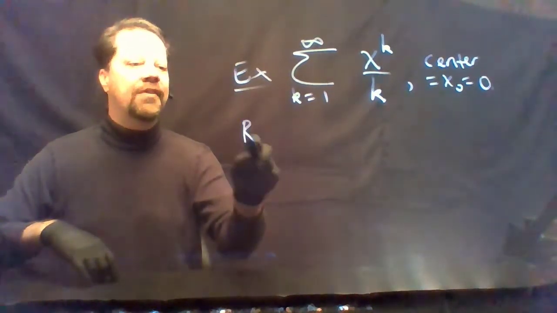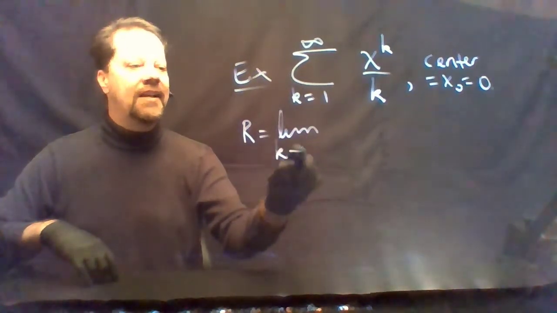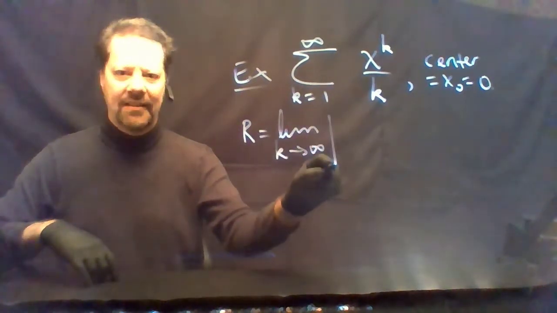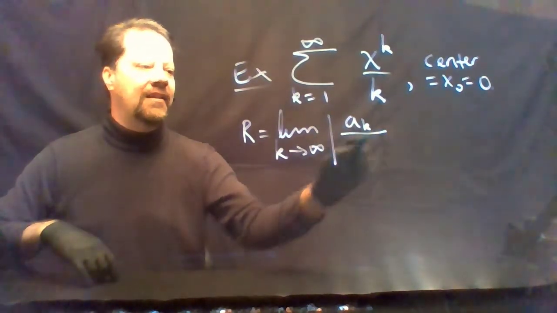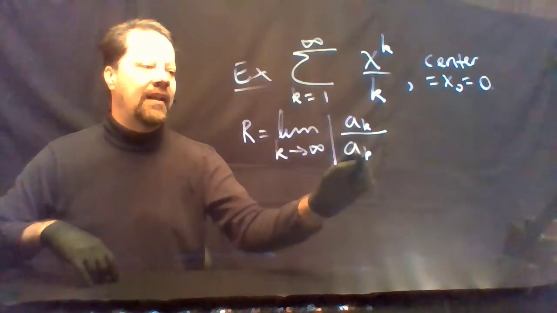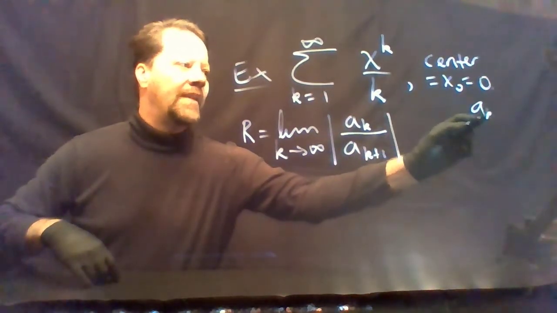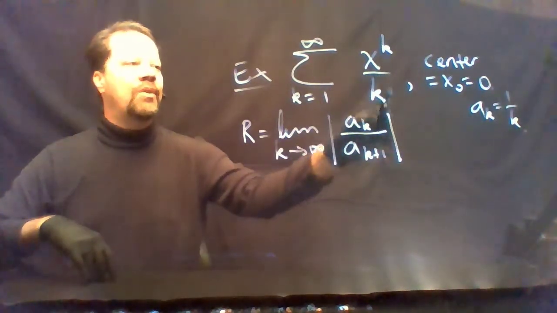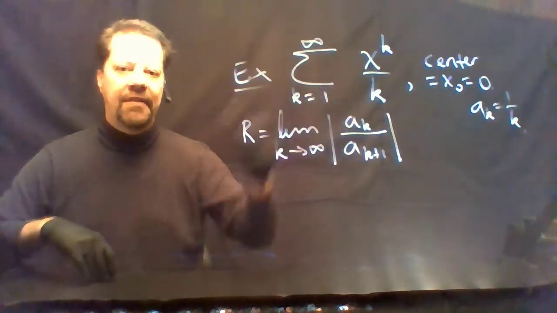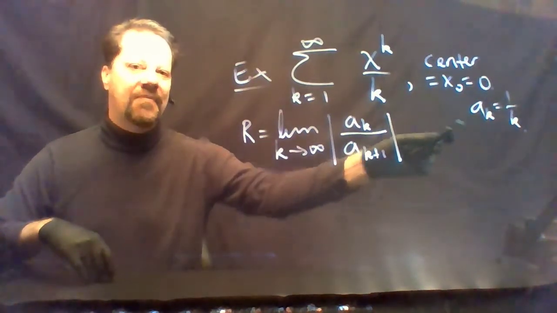The radius of convergence is the limit as k goes to infinity. Do you remember the formula? a sub k divided by a sub k plus 1. In this case, a sub k is 1 over k. You take only the coefficients of the powers of x for the coefficients a sub k.